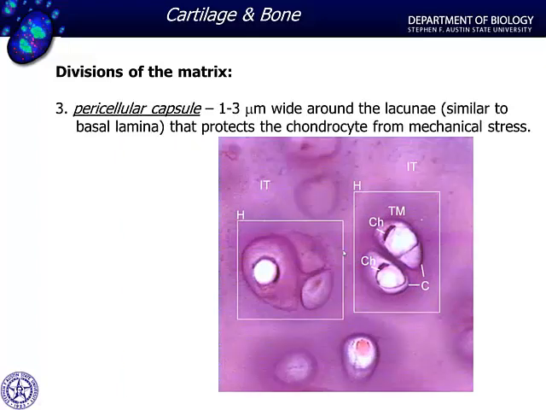Now, again, looking at the same image, we have our lacuna within which the cell resides, but then we are also going to find a pericellular capsule. We have a layer in between the edge of our lacuna, which is going to be our cartilaginous matrix, and the plasma membrane of the cell.